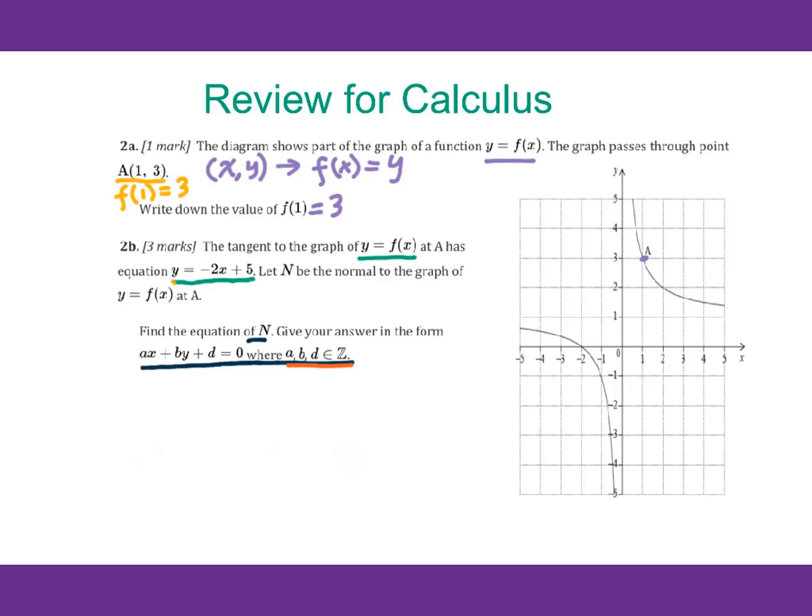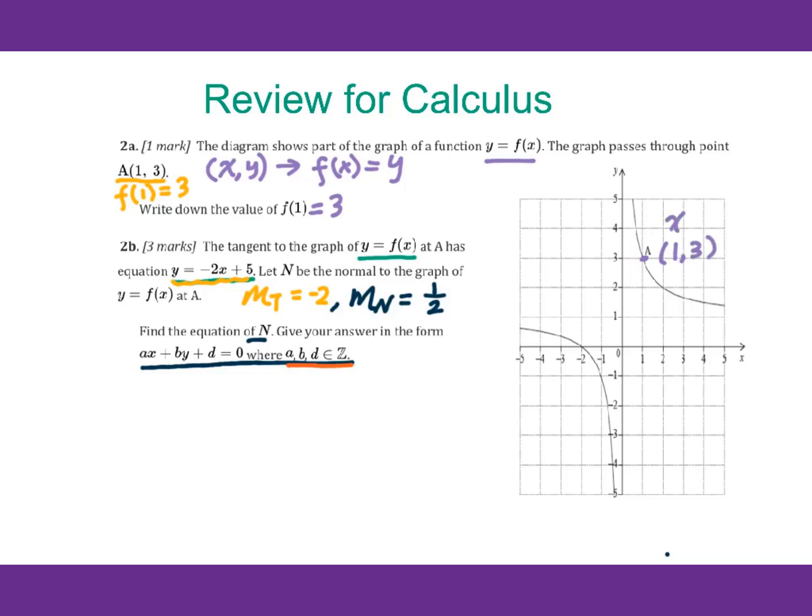From y equals negative 2x plus 5, we know the slope of the tangent line equals negative 2. So the slope of the normal line equals 1 over 2. Remember, we do opposite and reciprocal. We already know the point A is 1, 3.